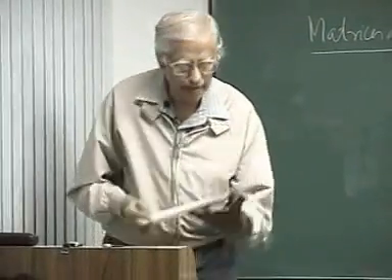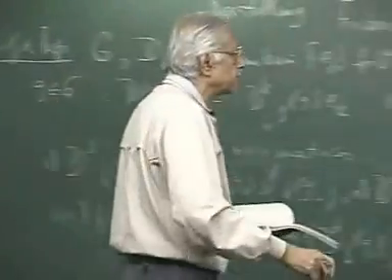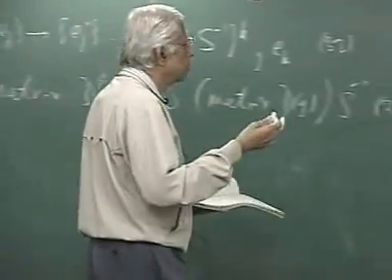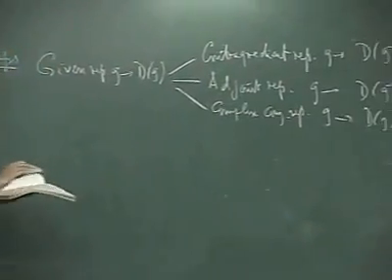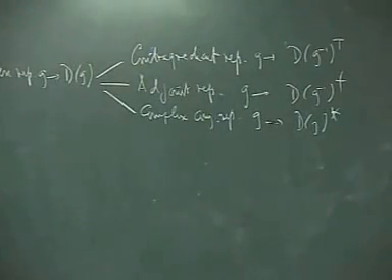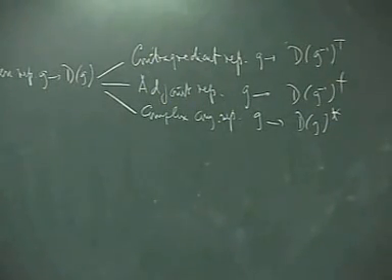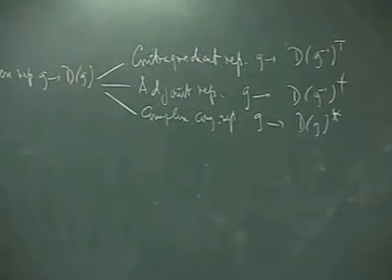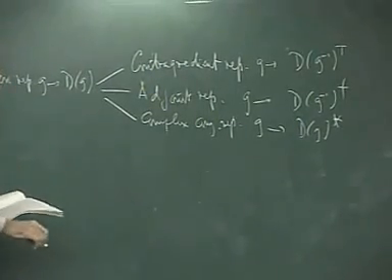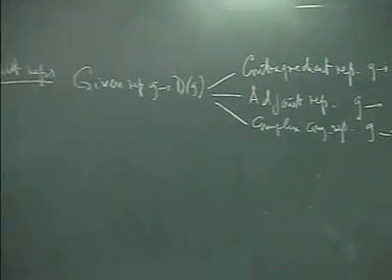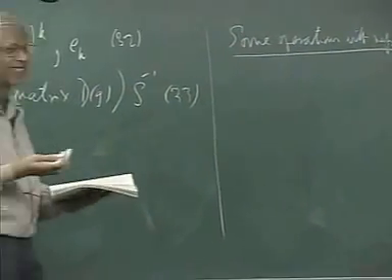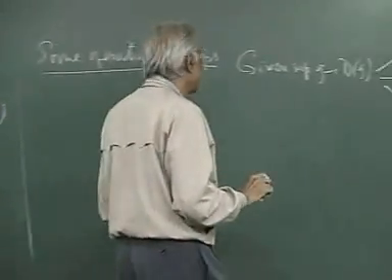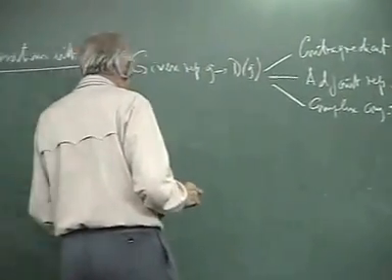So, these are general definitions, and they make sense whether the representation is unitary or not unitary. Always these things make sense. Of course, we can assume we are in finite dimensions. Whenever you use this phrase infinite, it can be misunderstood, so you have to be careful.